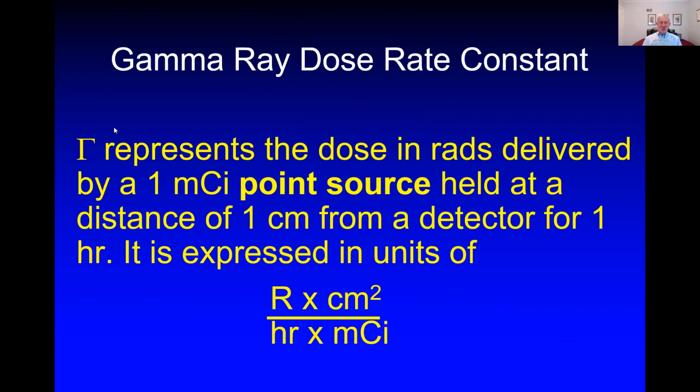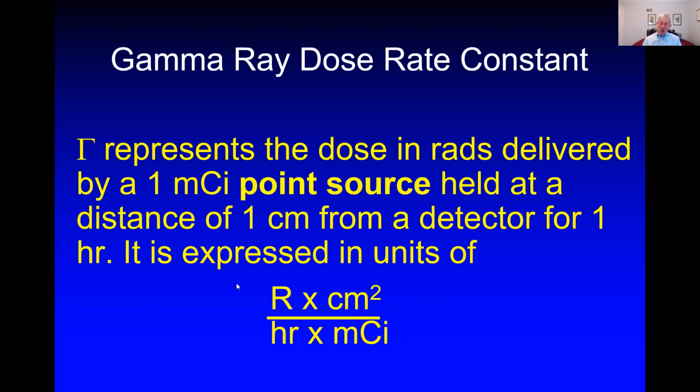And it really is giving you the strength of a point source. It represents the dose in rads delivered by a 1 millicurie point source if held at a distance of 1 centimeter for 1 hour. So you can see the units are always rads times centimeters squared per hour times millicurie.